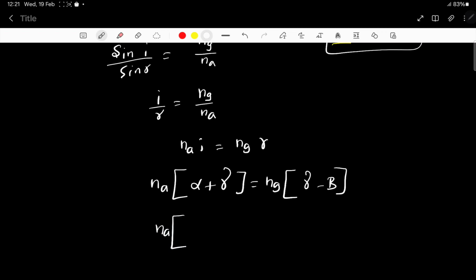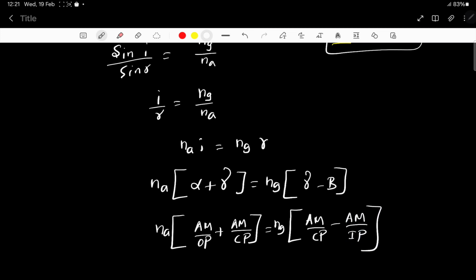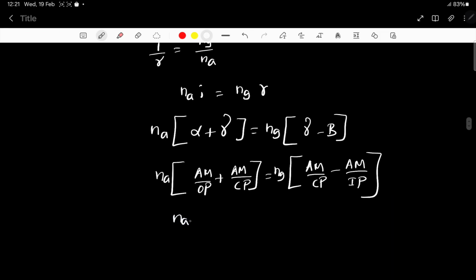NA, alpha can be replaced with AM by OP, gamma can be replaced with AM by CP, and beta can be replaced with AM by IP. Now try to simplify this. Just multiply the NA into the terms, take AM as a common factor and cancel it off. So we will be getting NA by OP plus NA by CP equal to NG by CP minus NG by IP. Okay.